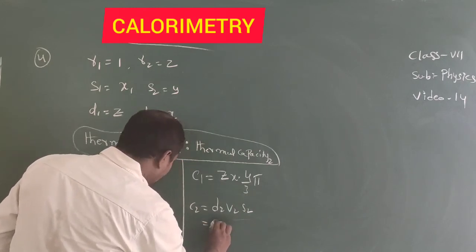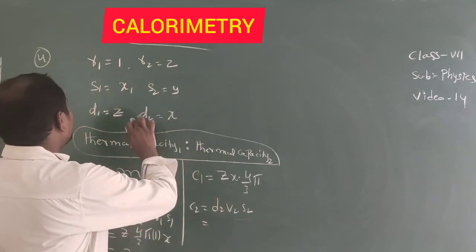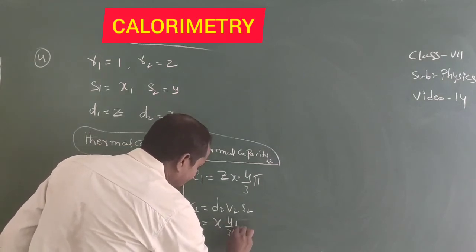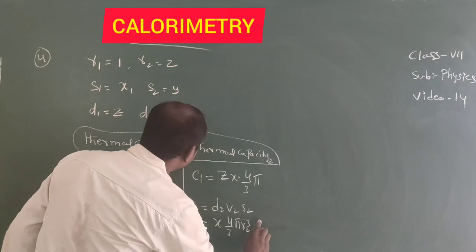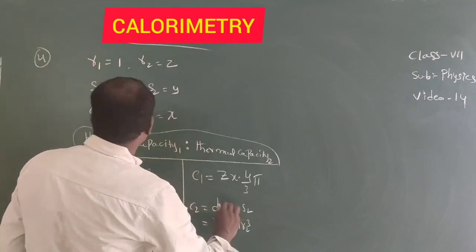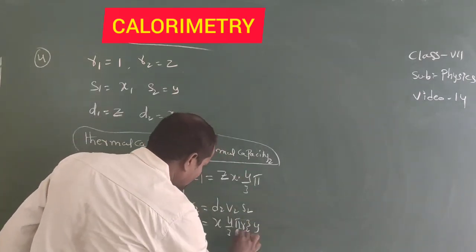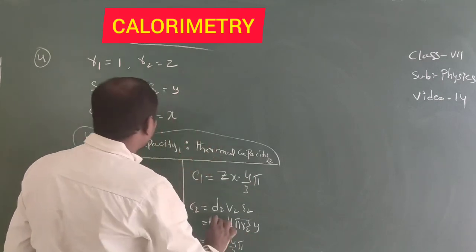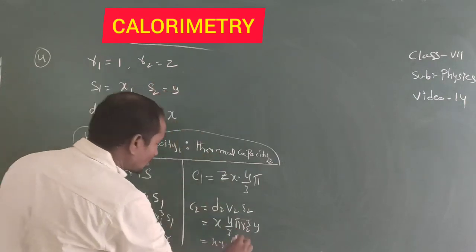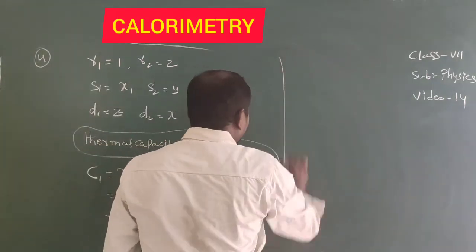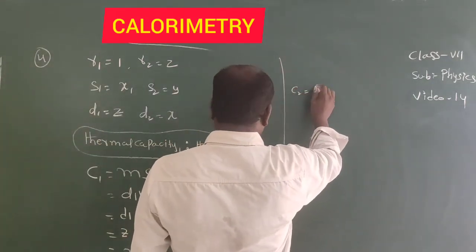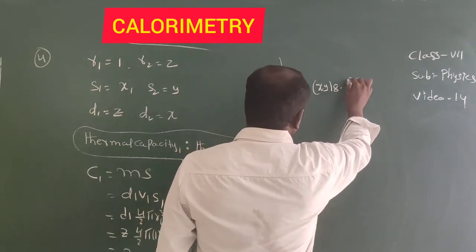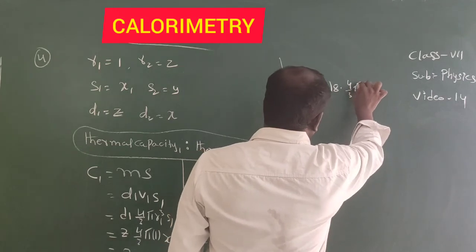D2 equal to X, V2 is 4 by 3 into pi R2 cube, into S2, that is S2 equal to Y. So here XY into 4 by 3 into pi into R2 equal to 2, cube is 8. So here C2 equal to XY into 8 into 4 by 3 into pi.